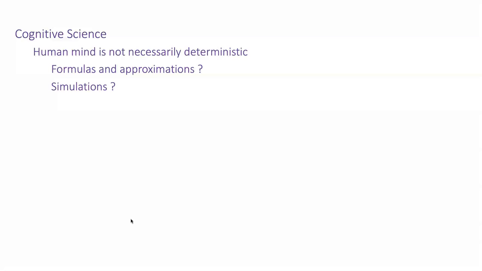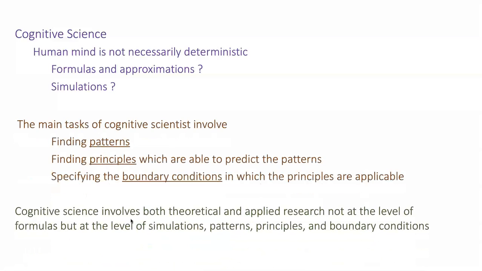Suppose that we want to end up with a set of formulas which give an explanation for the running mechanisms of different parts of the human mind, or artificial minds. This is not very likely. Approximations, well, we don't know either. It is very difficult to make a quantification of what is happening in terms of formulas and approximations. Maybe simulations, well, we don't know actually.